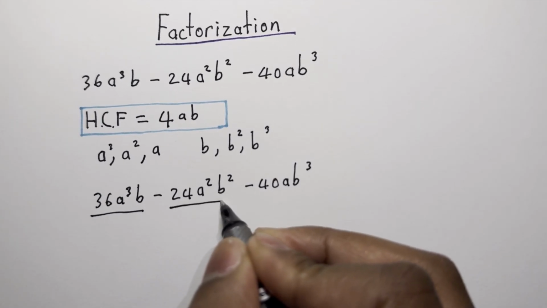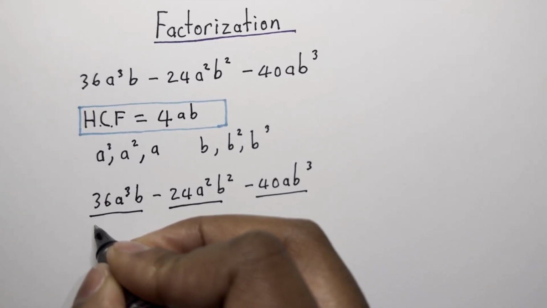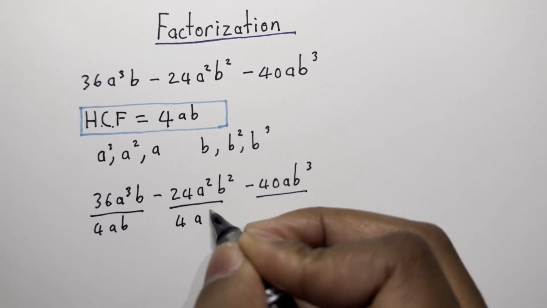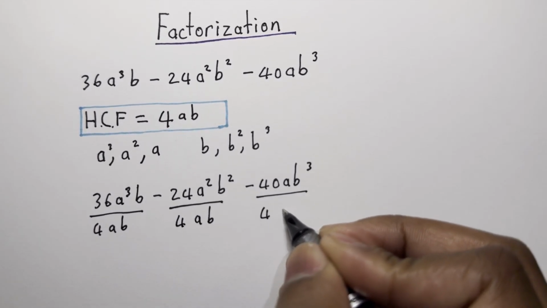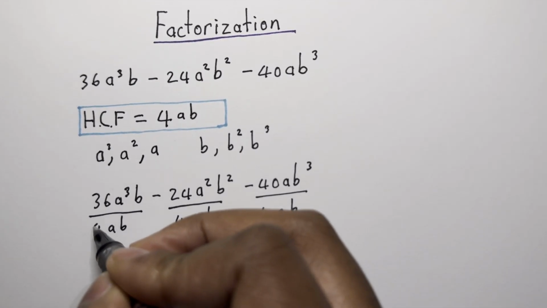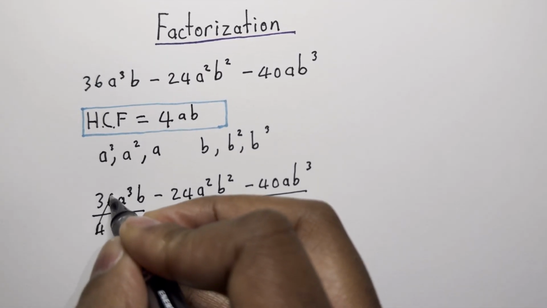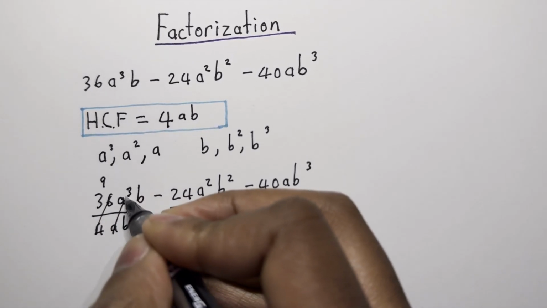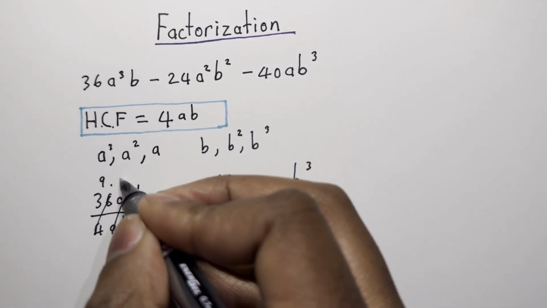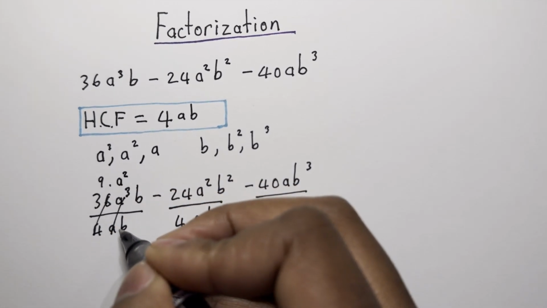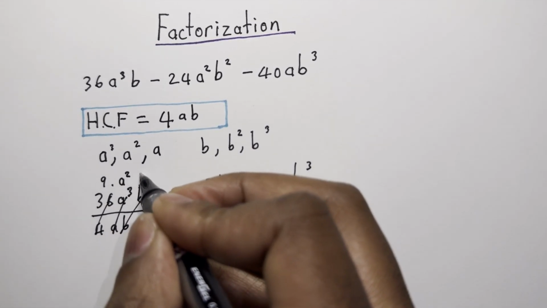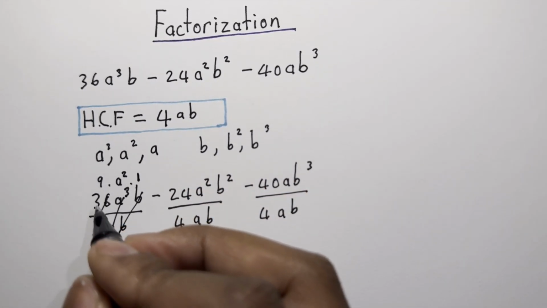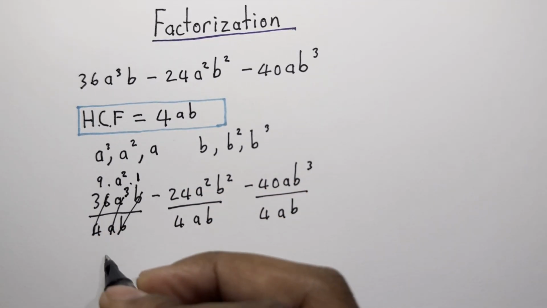Divide everything by 4ab. 4 into 36 goes 9 times. A into a cubed leaves us with a squared. B into b is 1. 9 times a squared times 1.